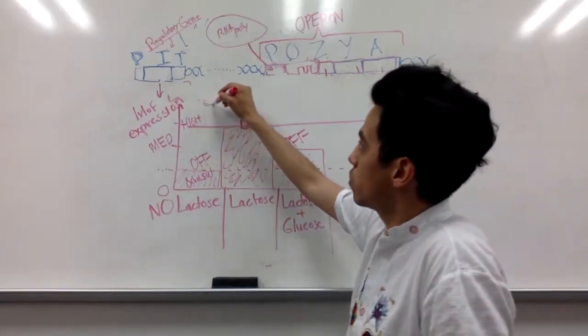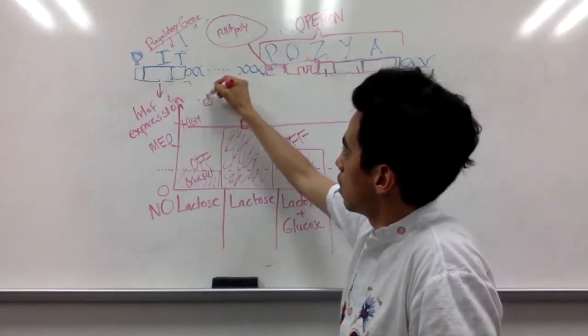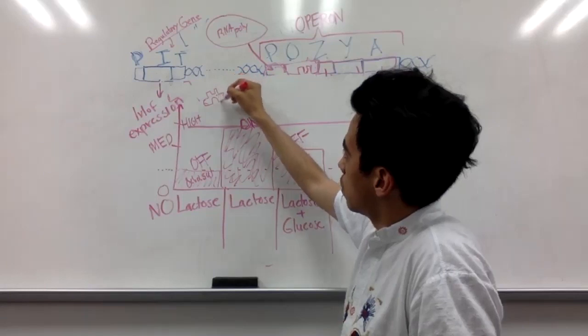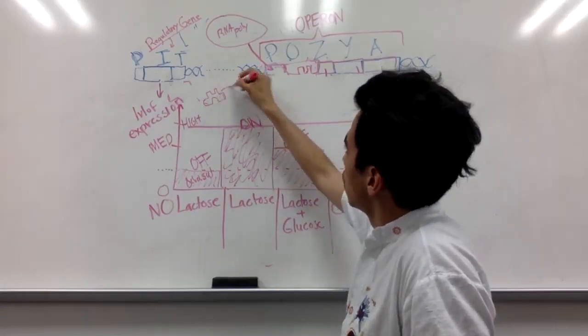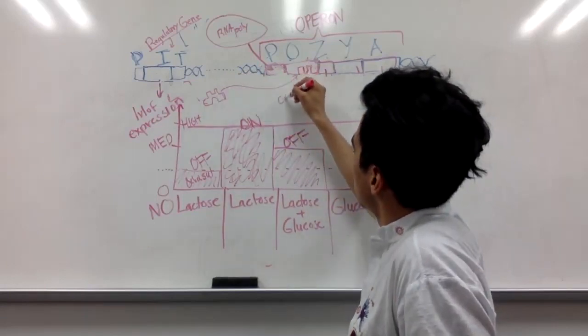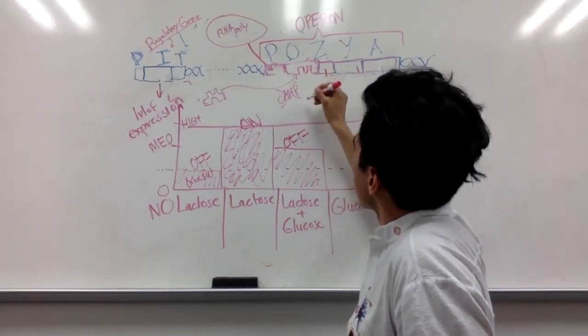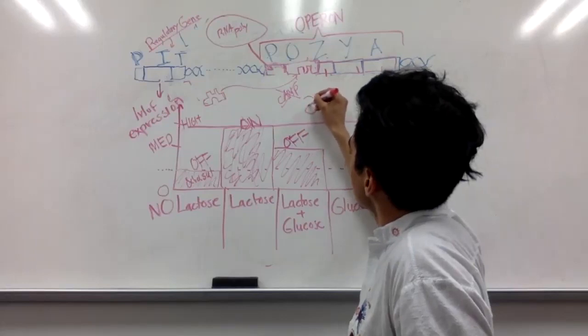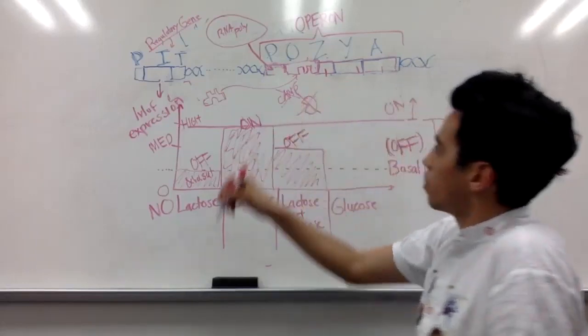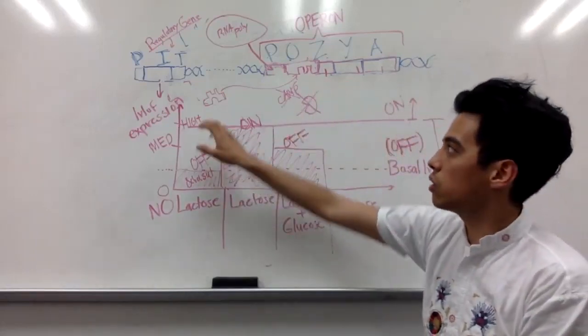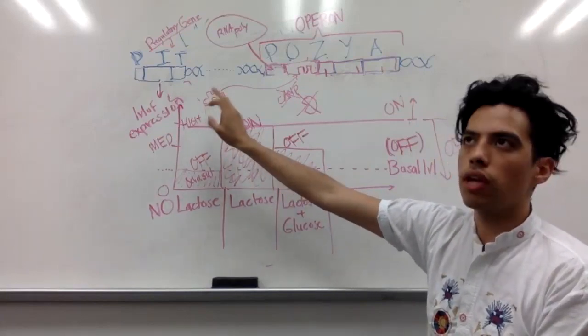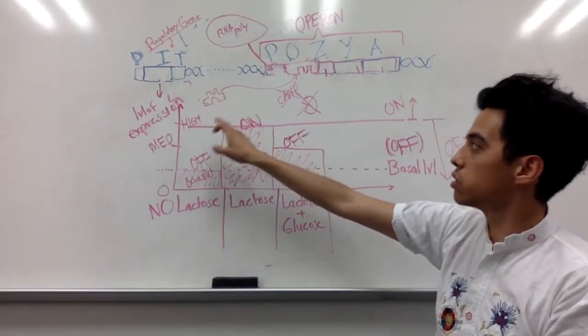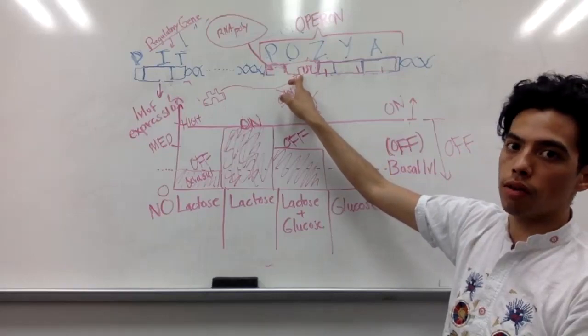So that means that the repressor would be active. So when there's only glucose, there's no allolactose to inactivate the repressor. And so the repressor is going to be able to bind to the operator, right?